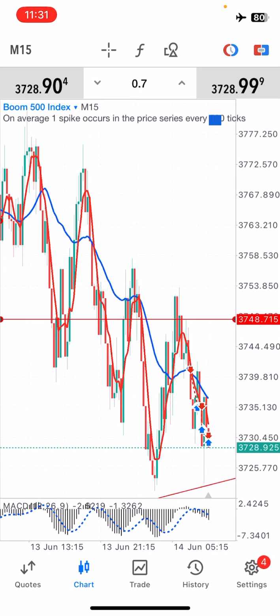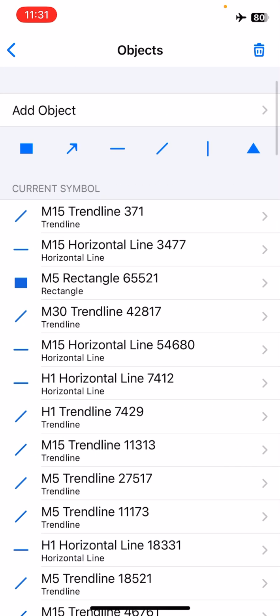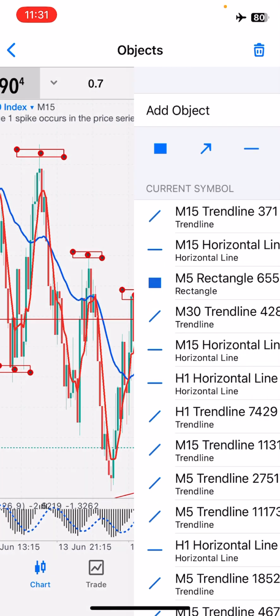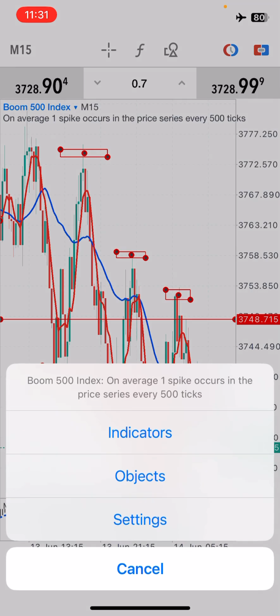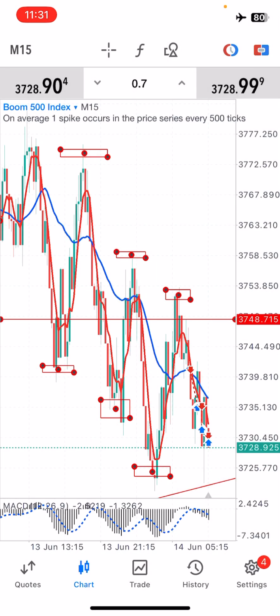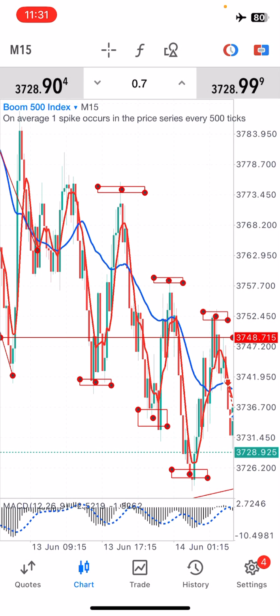I'm going to mark these peaks and show you that I was going to identify them very early. The way it was trading, that's the way our strategy wants this market to move in. Now see, I was going to catch all the buy retracements. I was going to catch them.